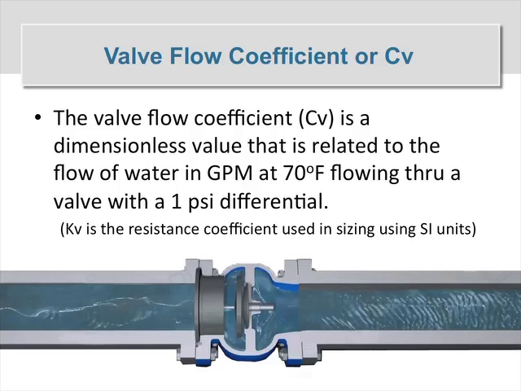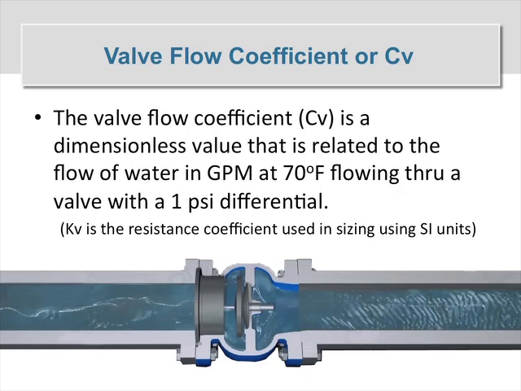All right, well, all valves have a coefficient, or CV, that describes the ability of the media to pass through the valve. It is a value that has no dimension, but it's related roughly to the flow of water in gallons per minute at 70 degrees Fahrenheit flowing through a valve with a 1 psi, or pound per square inch, differential pressure.